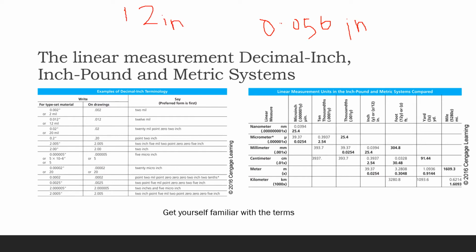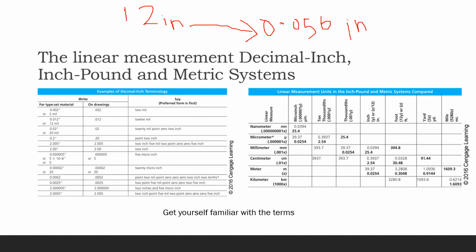But now we're getting into very small length or width or whatever we're measuring. So the linear systems are right there. If you go by the decimal, meaning you might have 1 decimal, 2 decimals, or 3 decimals, these are showing you the very small measurements, and we call that decimal inch, because it is way less than an inch.